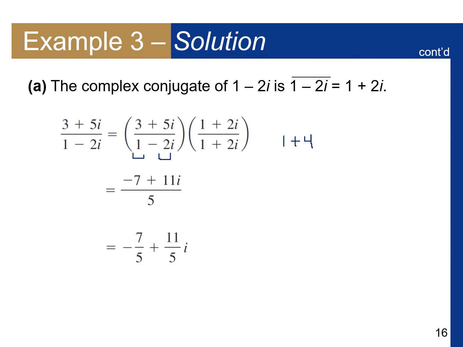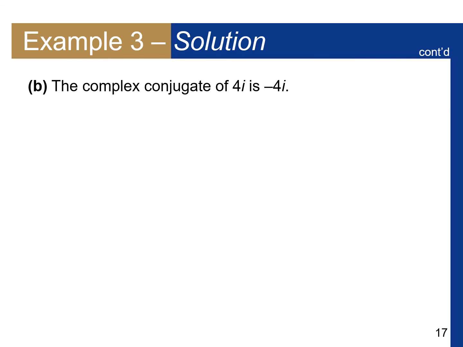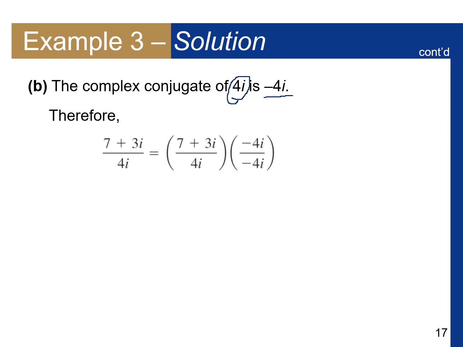And then you split it up. So now I have a complex conjugate. What if I just have 4i? I don't have a real number part. Well, again, the conjugate is the part of the imaginary that changes the sign, so it would be negative 4i. Okay, so therefore, here I have my 4i on the bottom in my second problem.